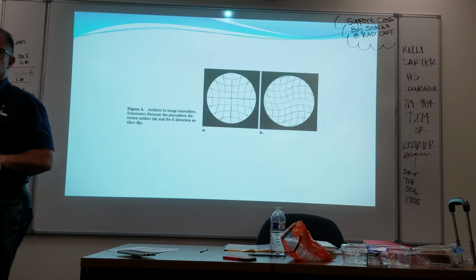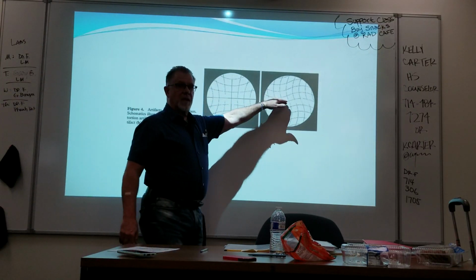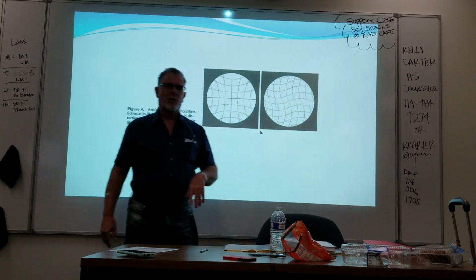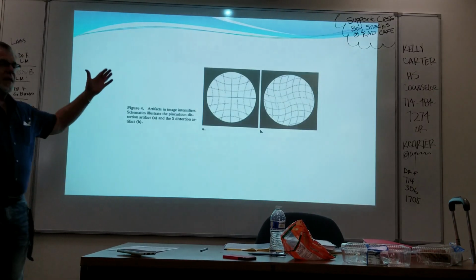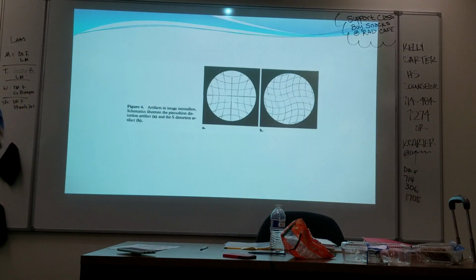The way we used to test for it is we would just take a screwdriver and lay it on the top of the image intensifier, and you would see this basically wavy screwdriver. And that meant that what you had was an image intensifier that was not shielded magnetically, and that went back to the factory or got replaced.